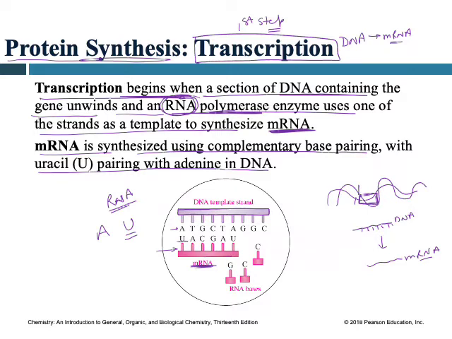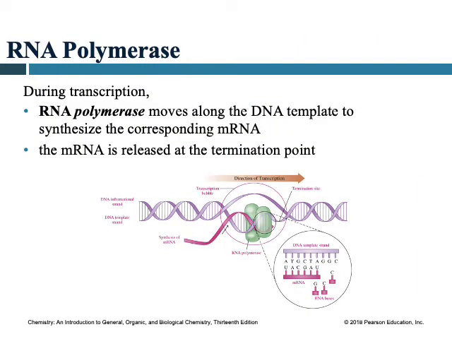So once the mRNA is formed, what's going to happen? This information is going to go outside the nucleus. So what is RNA polymerase? RNA polymerase, we already talked about, is the enzyme that helps to copy the DNA into the mRNA molecule.